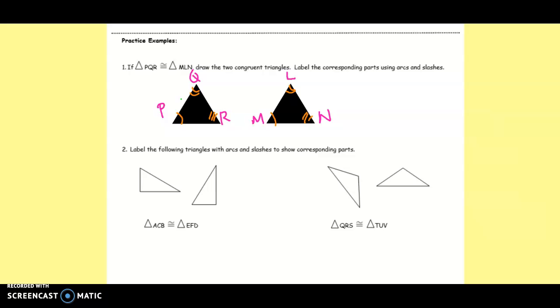Now, if I'm looking at sides, PQ matches up with ML. And again, you can kind of tell a little bit by the order of your statement there, PQ, ML. So I'm going to put my 2 slashes on the right-hand side of my mountain, 3 on the bottom, 3 on the bottom. So that's just an example of how you could label those triangles.